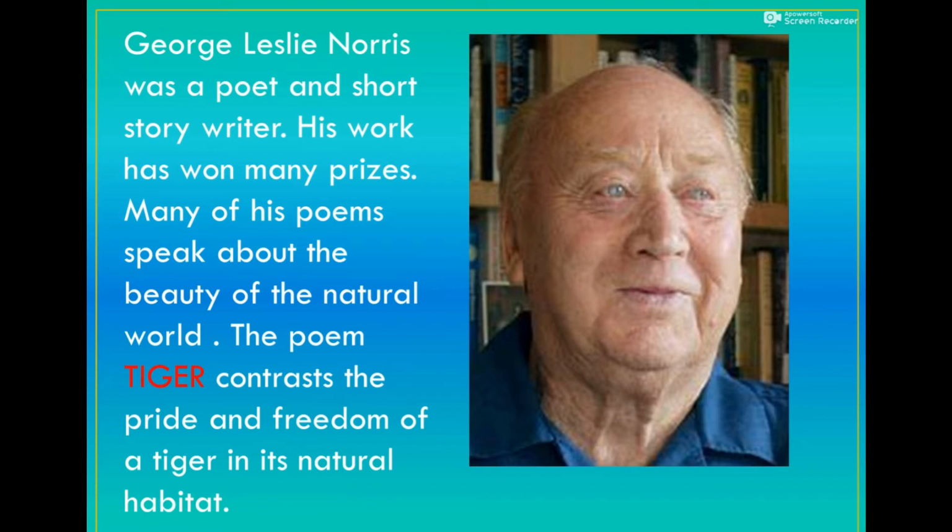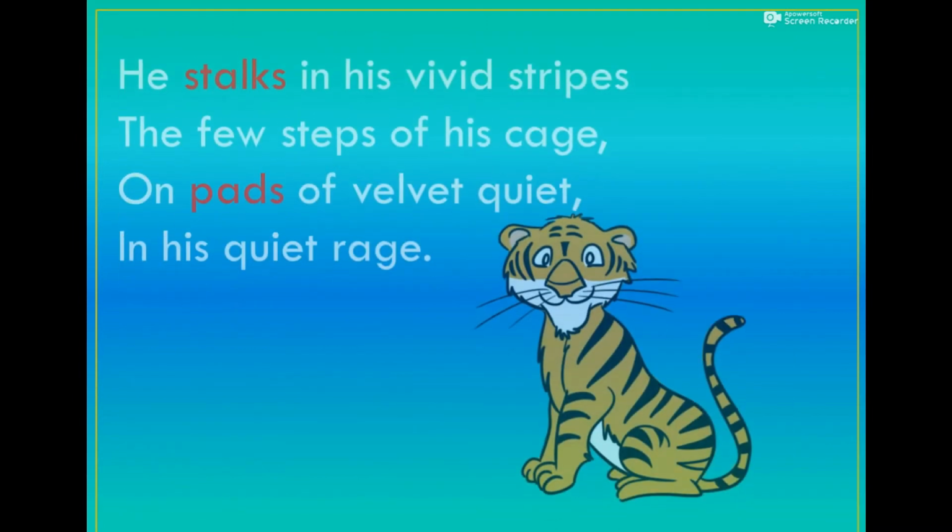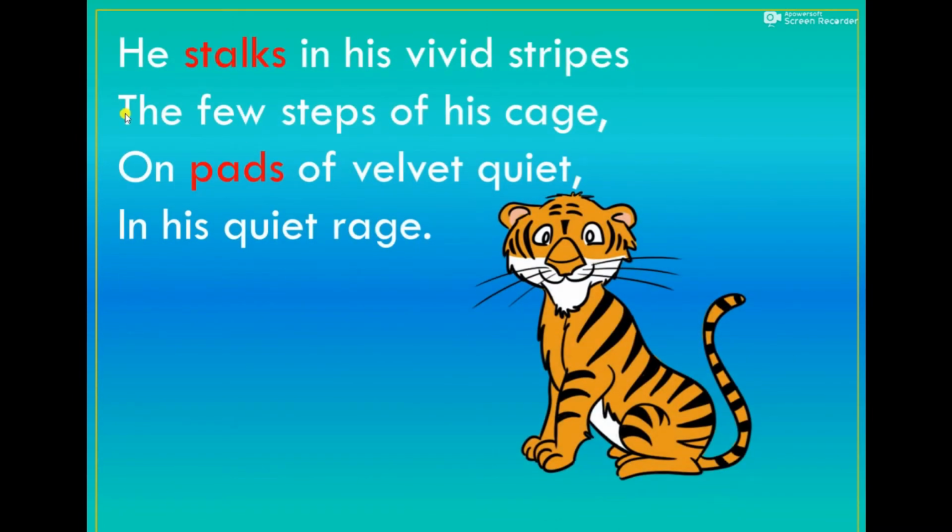Children, please listen carefully to the explanation as I will be reading one stanza at a time along with its explanation. The first stanza. He stalks in his vivid stripes. Children, stalks means follows slowly and quietly before attacking its prey.